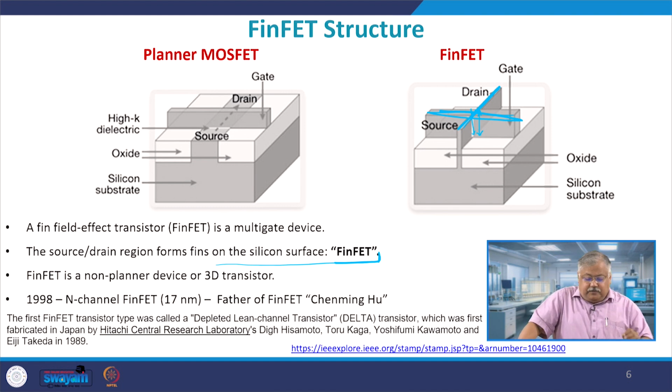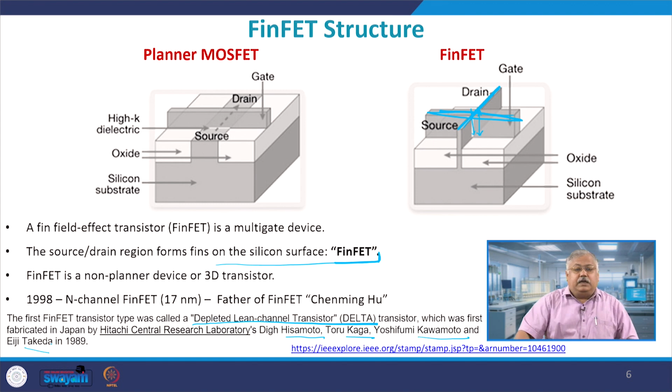Actually, the first FinFET was fabricated as a DELTA, also referred to as a depleted lean channel transistor, first fabricated in Japan by Hitachi. These were the authors who did it in approximately 1989: Hisamoto, Kaga, Kawamoto, and Takeda. They were the first to fabricate these devices at Hitachi.